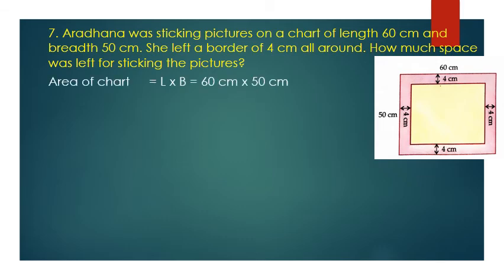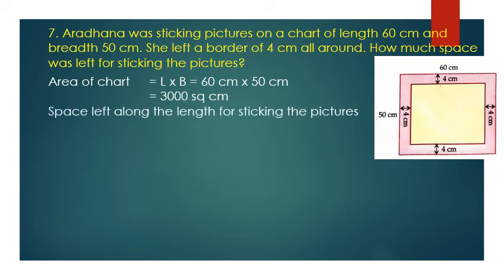So, area of chart is equal to length multiplied by breadth, which is equal to 60 centimeter multiplied by 50 centimeter, which in turn is equal to 3000 square centimeter. Now, the space left along the length for sticking the pictures.